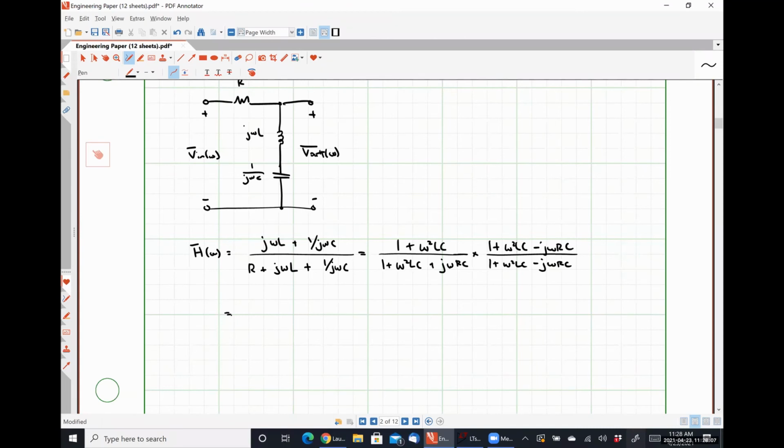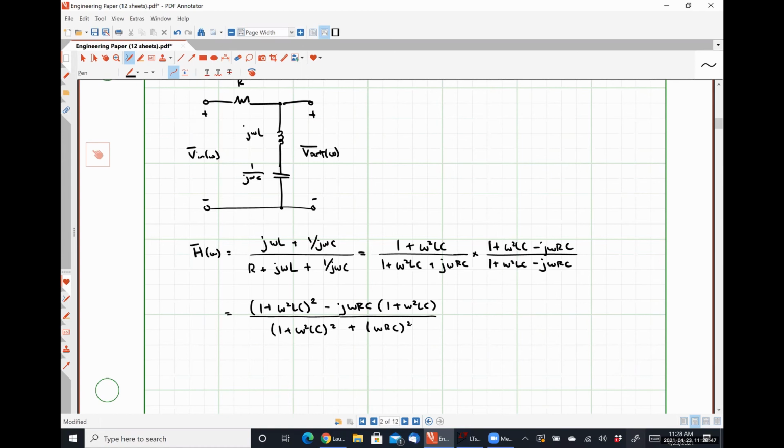And for our real part in the numerator, it's obviously going to be 1 minus omega squared LC quantity squared. For our imaginary part, we're going to have minus j omega RC times 1 minus omega squared LC. And for our denominator, we'll have 1 minus omega squared LC quantity squared plus omega RC quantity squared.